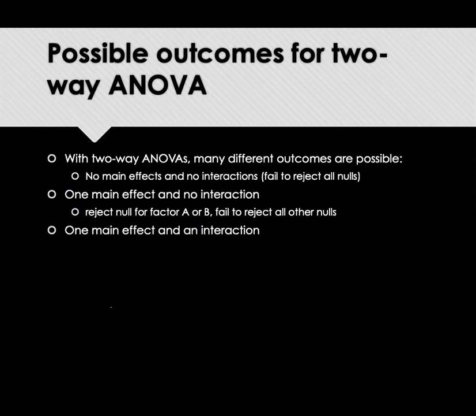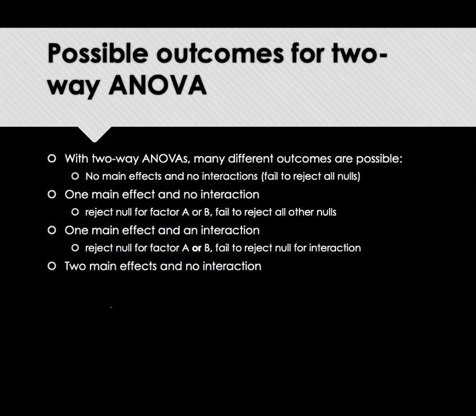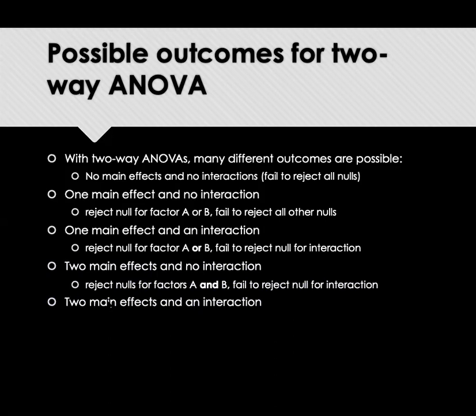There might be one main effect and an interaction, where you would reject the null for one or the other factor, and reject the null for the interaction. Sorry about that error. You could have two main effects and no interaction. You could have two main effects and an interaction. And in that case, you'd reject all the null hypotheses, right?